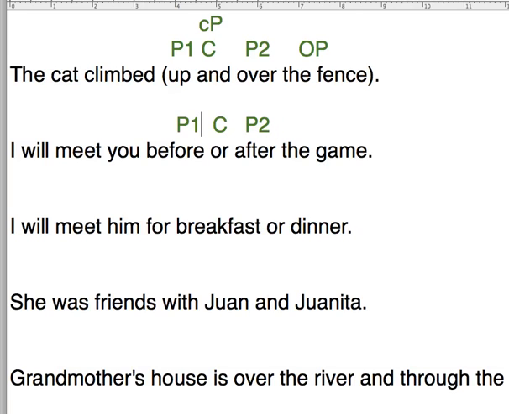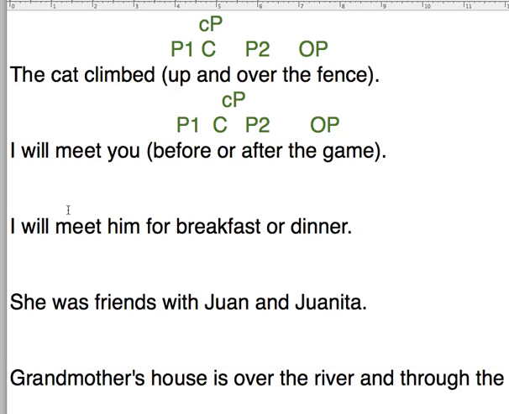And so above that, we're going to add these together and say this is a CP, compound preposition. Once again, we ask what? Before or after what? Before or after the game. So the game is our OP. This whole thing together is all a prepositional phrase, or PP.